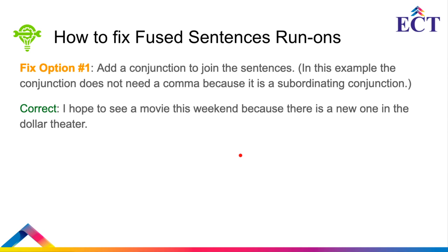So the first fix is to add a conjunction to join the sentences. In this example, the conjunction does not need a comma because it is a subordinating conjunction. So particularly I have written: I hope to see a movie this weekend because there is a new one in the dollar theater.